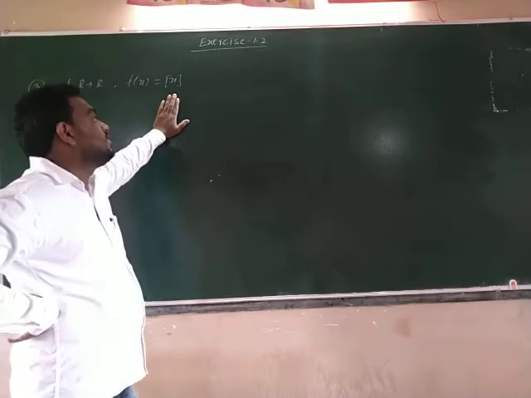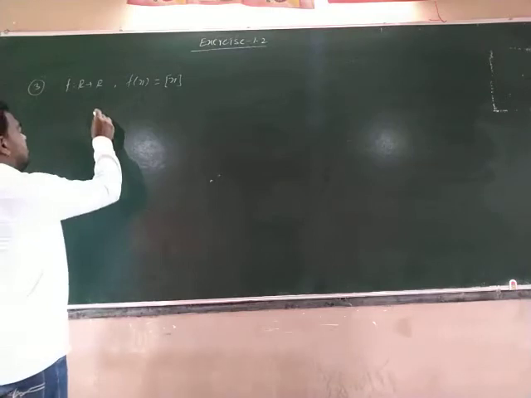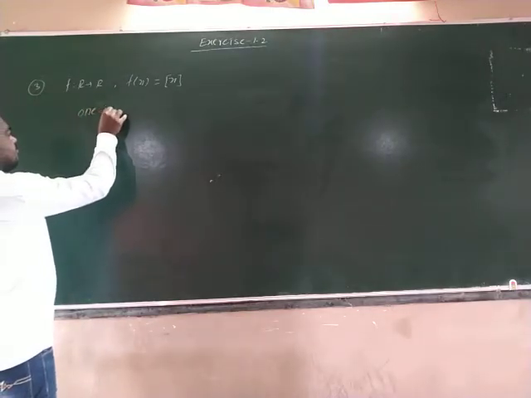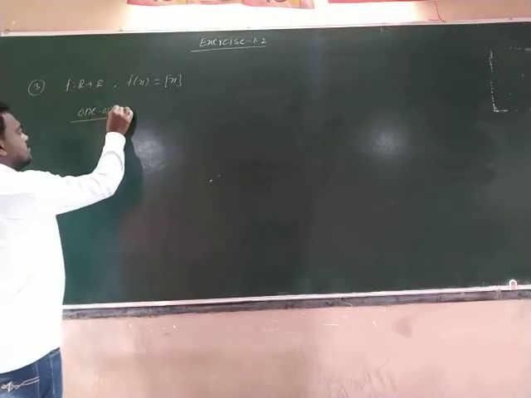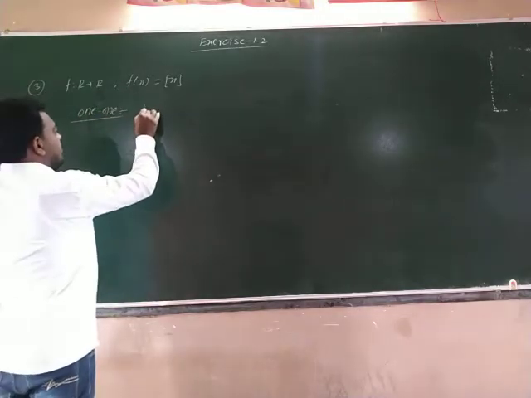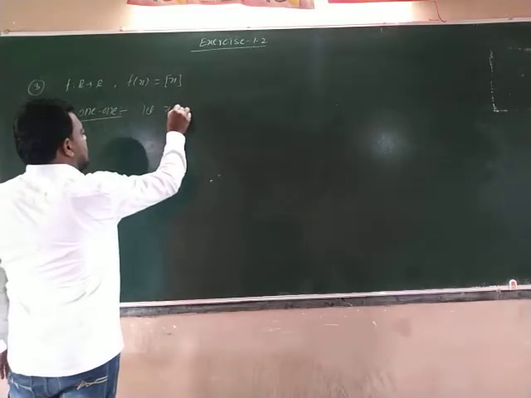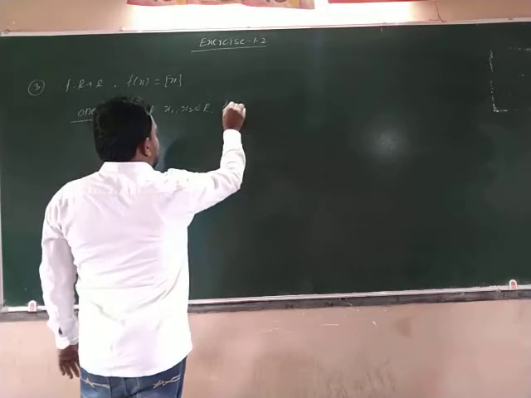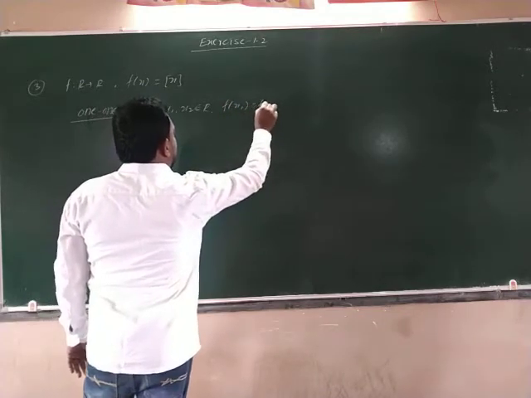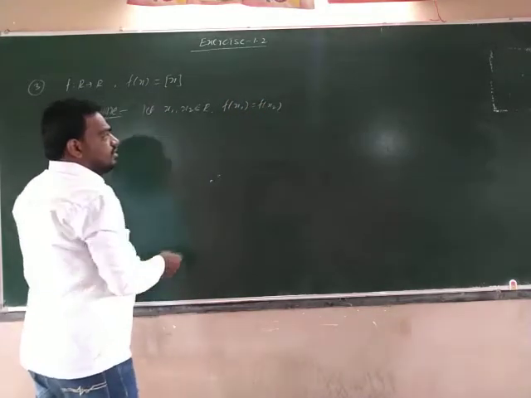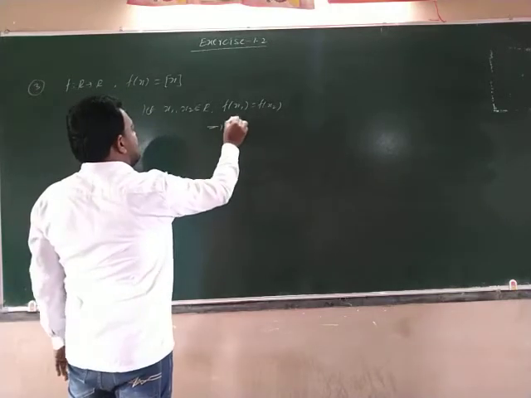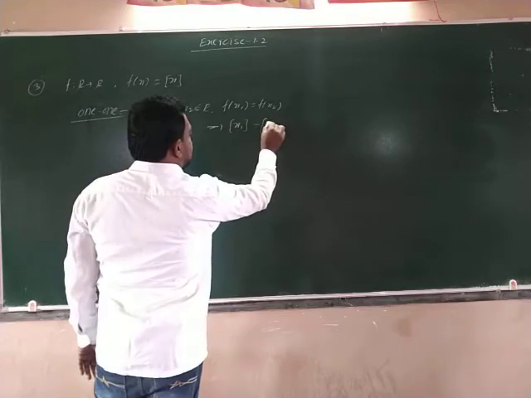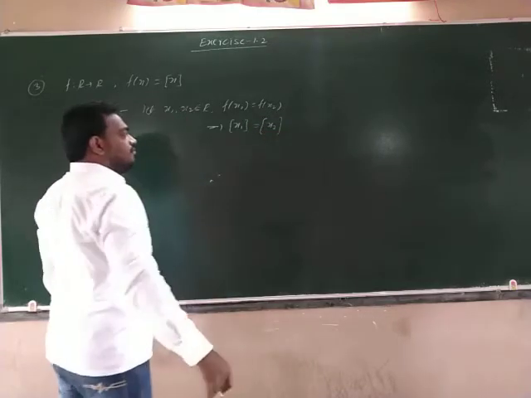Here, first let us prove one-one. Checking first for one-one: let x1, x2 belong to R, and f of x1 is equal to f of x2. That implies the greatest integer of x1 is equal to the greatest integer of x2.